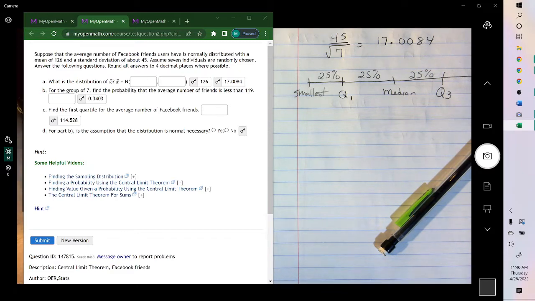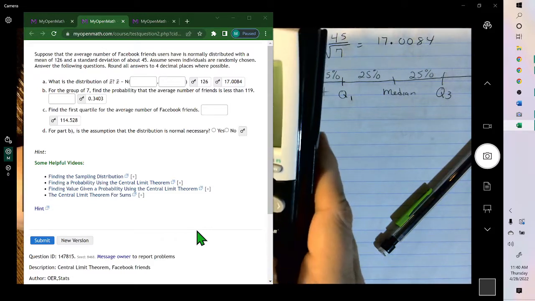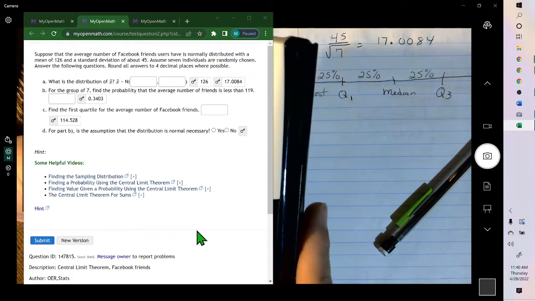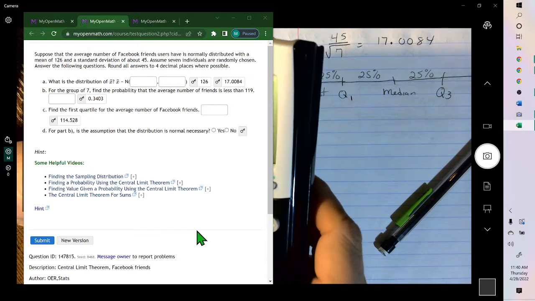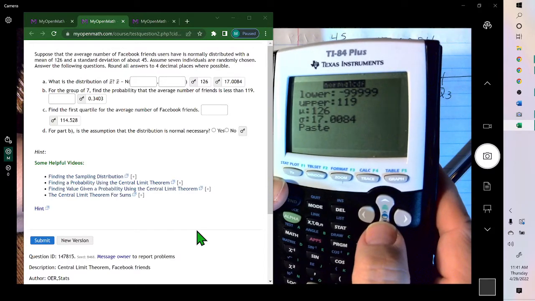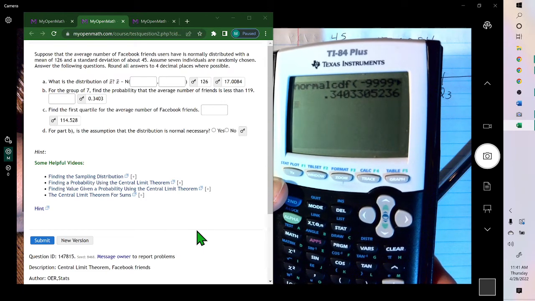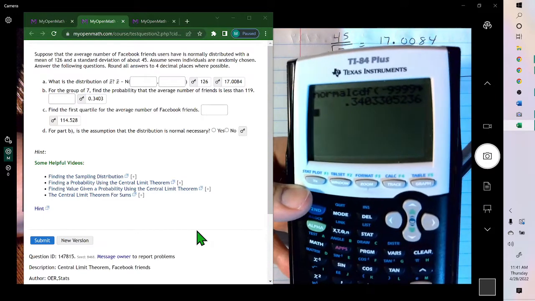Why that one's not working. Distribution, normal, negative, really small negative number. 119, 126, 17.0084. There we go. I don't know what I hit that it wasn't. I must have had something typed wrong.